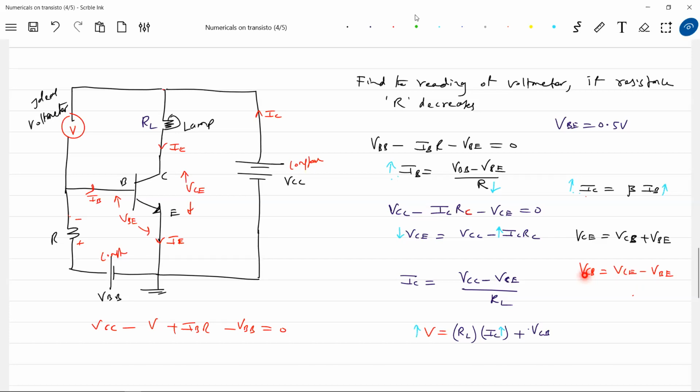If VCB decreases, then will this be positive or negative?